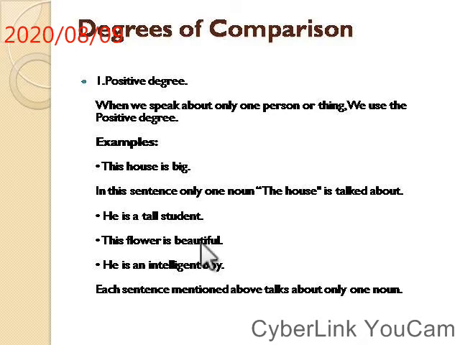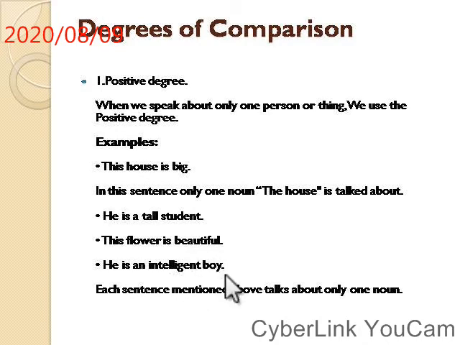Okay. He is a tall student. Here also, there is no other student or any other noun. We are talking about one single student, and we are telling that he is a tall student. The same way, this flower is beautiful. He is an intelligent officer.